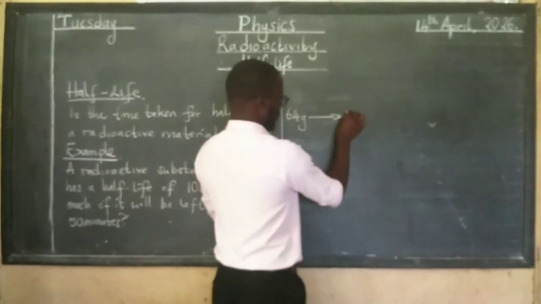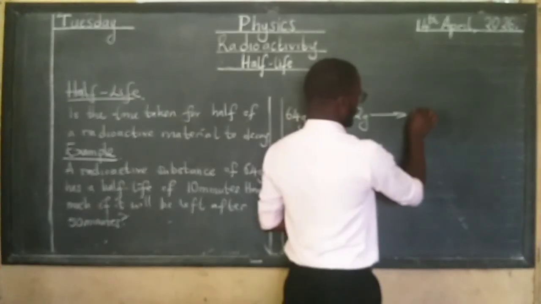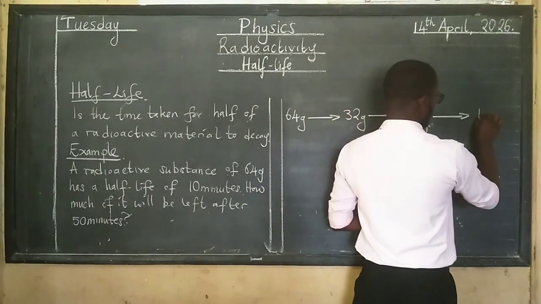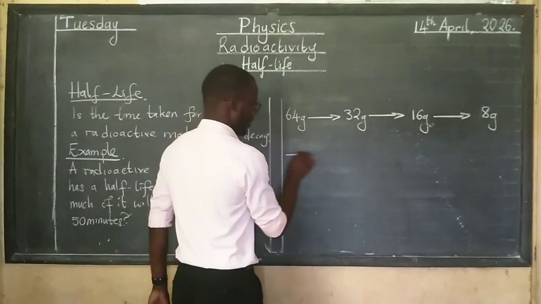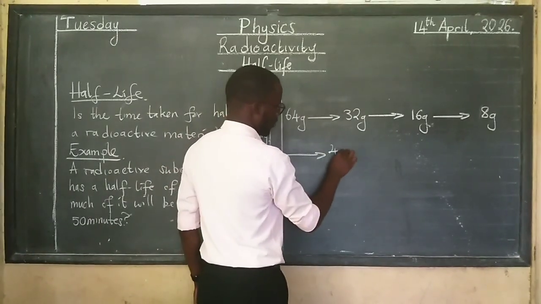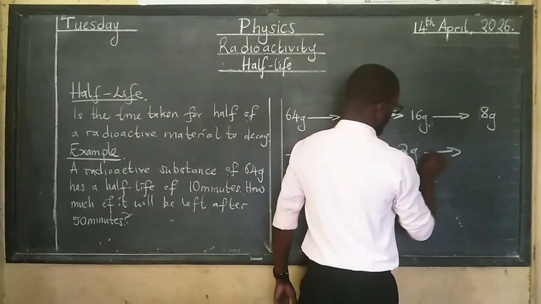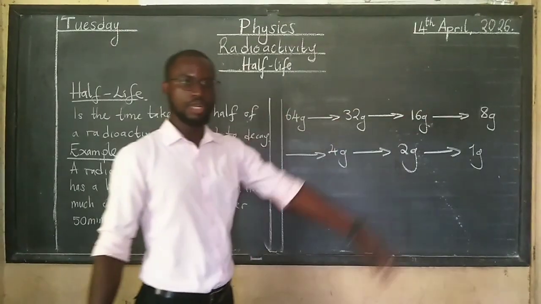Half of 64 is 32 grams, and half of 32 is 16 grams. Half of 16 grams is 8. Then half of 8 is just 4 grams. Half of 4, 2 grams. Half of 2, 1 gram. We can even continue like that.